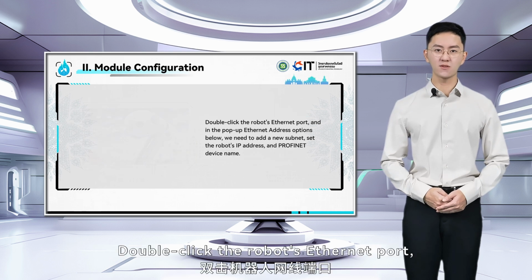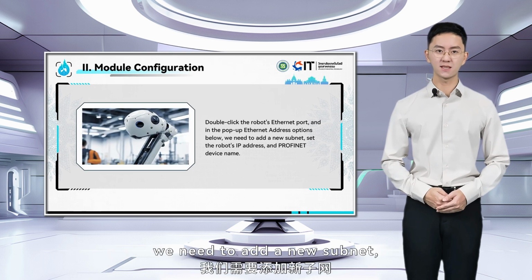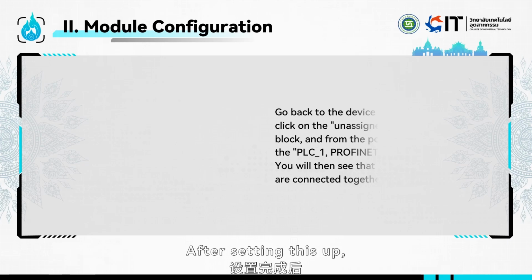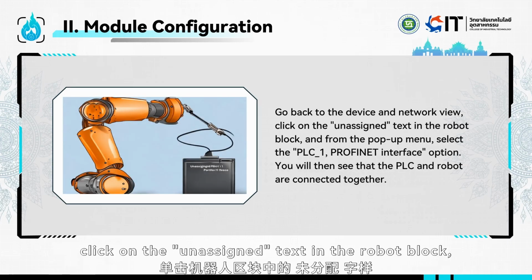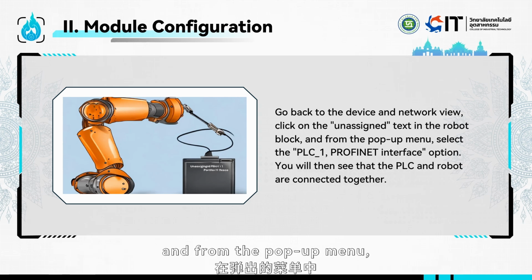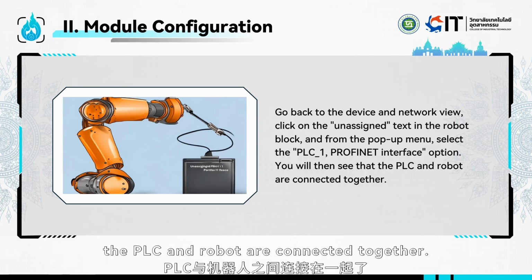Double-click the robot's Ethernet port, and in the pop-up Ethernet address options below, we need to add a new subnet, set the robot's IP address, and Profinet device name. After setting this up, go back to the device and network view, click on the unassigned text in the robot block, and from the pop-up menu, select the PLC_1 Profinet interface option. You will then see that the PLC and robot are connected together.